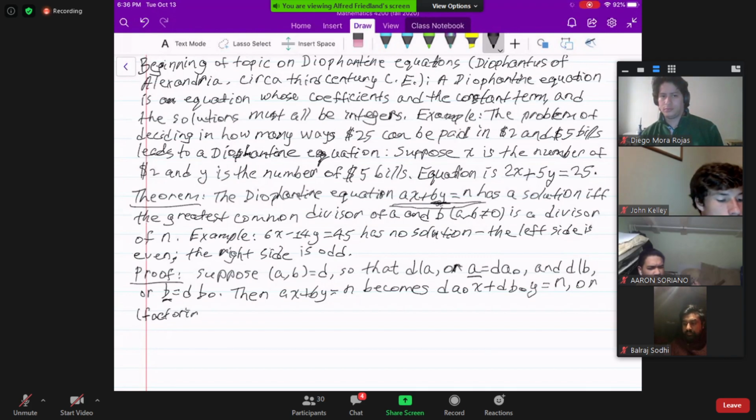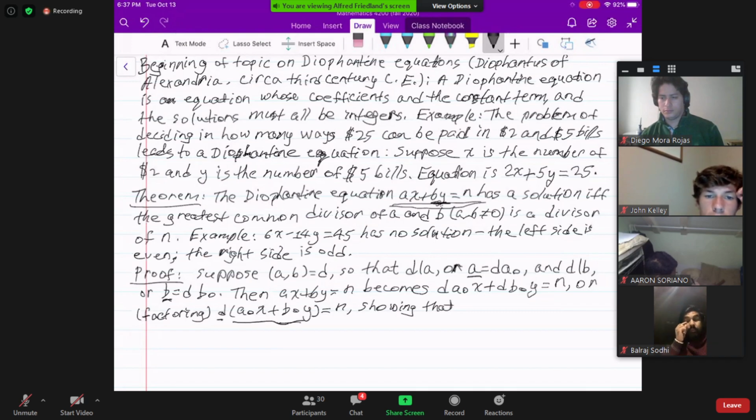equals N. And we can see that this is D times (A sub 0 X plus B sub 0 Y) equals N. That's a statement that D times something equals N, which is the definition of D dividing N. So if and only if, it has to go both ways, so we have to look at the converse.